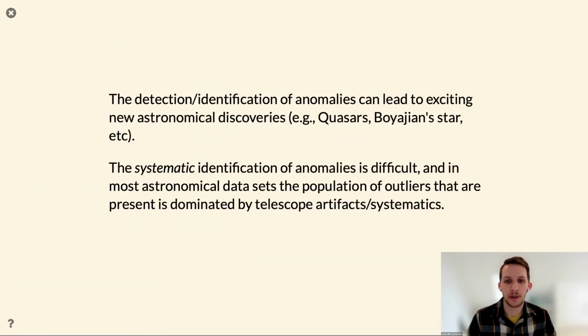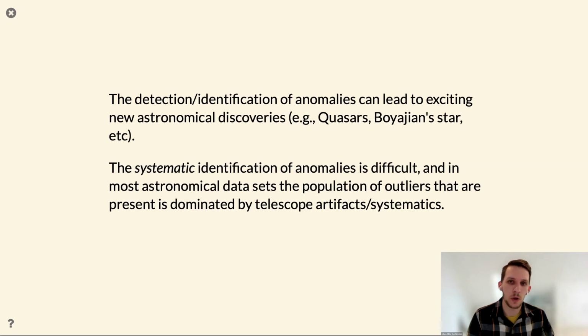The detection and identification of anomalies can lead to exciting new discoveries. The sort of search and follow-up of anomalies is how quasars were initially discovered. Very famously and recently, there's Boyajian's star. And so anomalies are a very exciting way to look at and search through astronomical data.